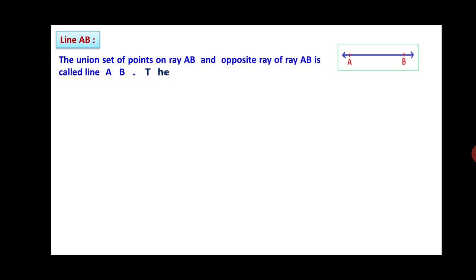In the previous session we already discussed the line. You can see line AB in the adjoining figure. The union set of points on ray AB and the opposite ray of ray AB is called line AB. The set of points of segment AB is a subset of the points of line AB.